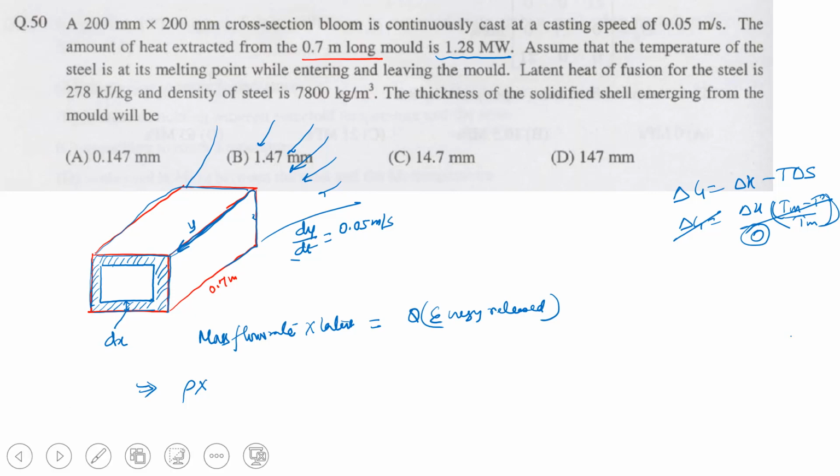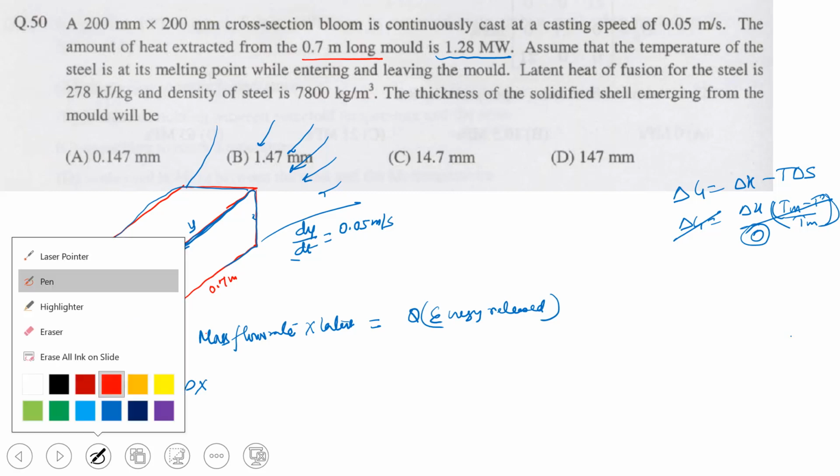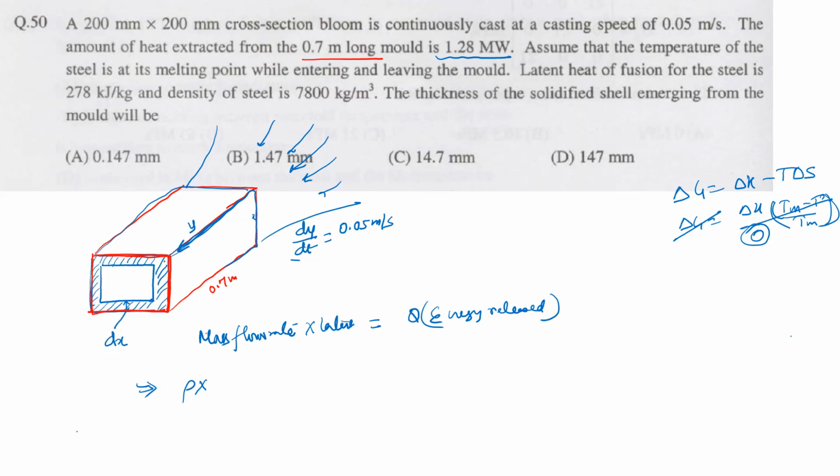So the volume of this shell which is forming, right? So we have the mold, so initially this portion will be inside of this mold, and there is some flow, means the movement, which is happening.